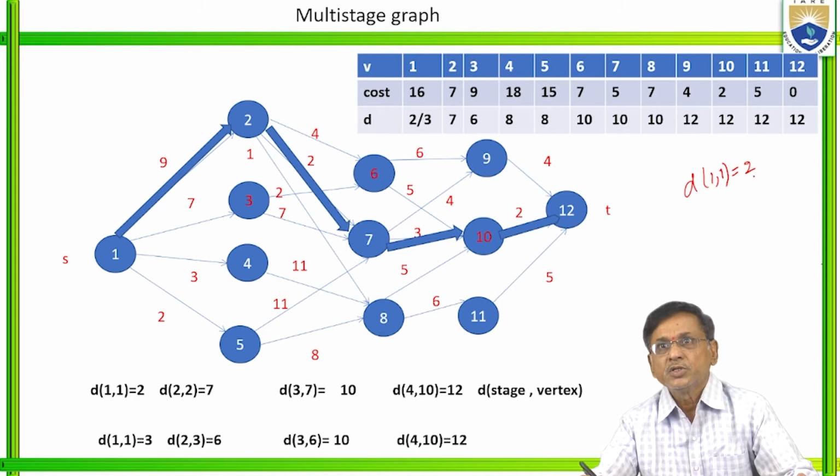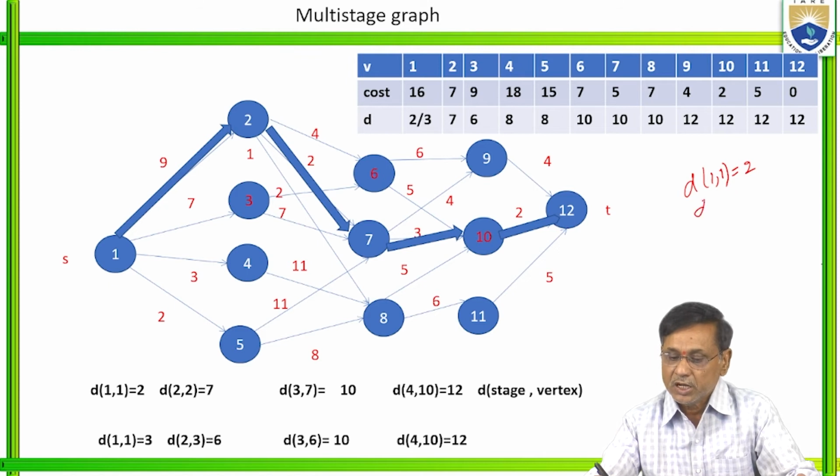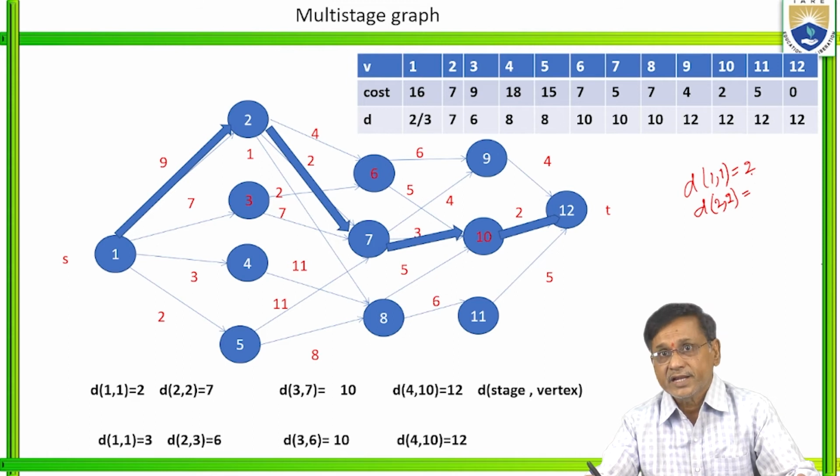Then we have to see. We have to go from stage 1 vertex 1 to stage 2 vertex 2. Now, this is the second vertex.